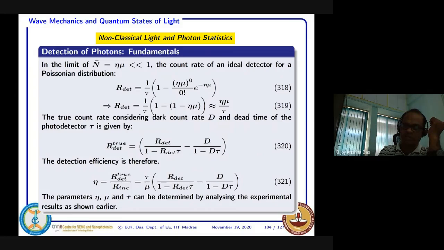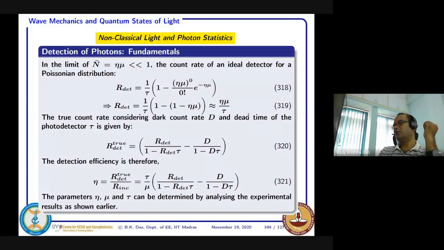But if you have a dead time tau and dark count is there, for example, where does this dark count come from? A count will be registered only if a current pulse is generated.